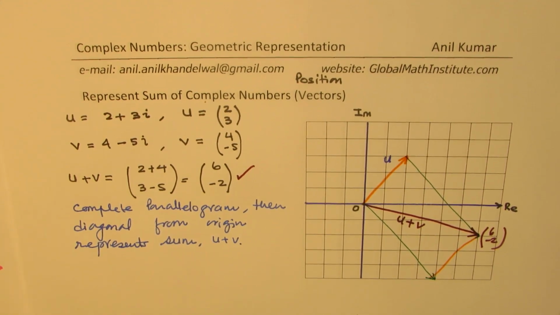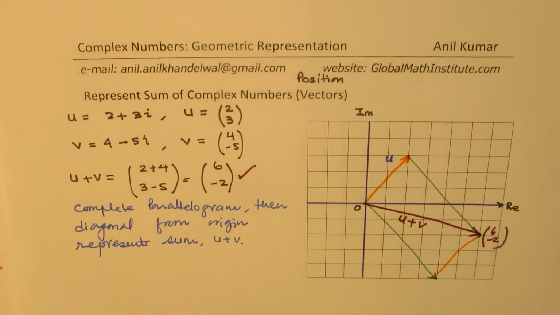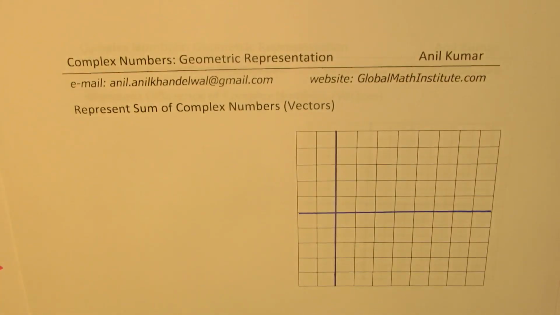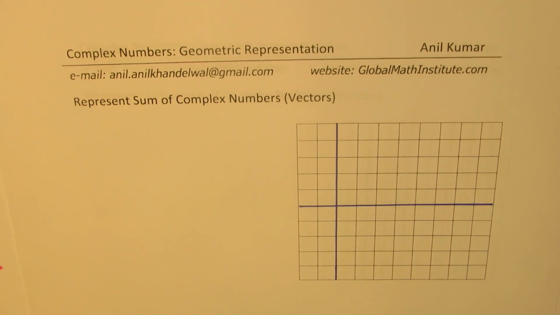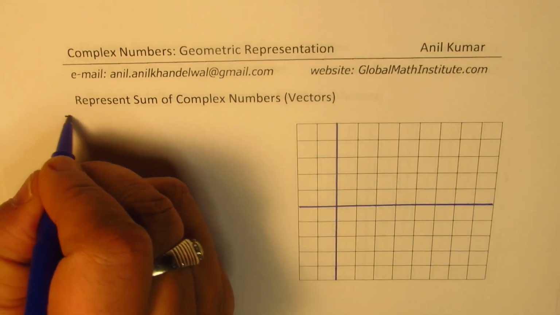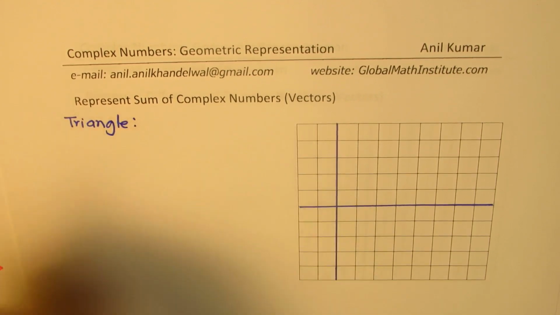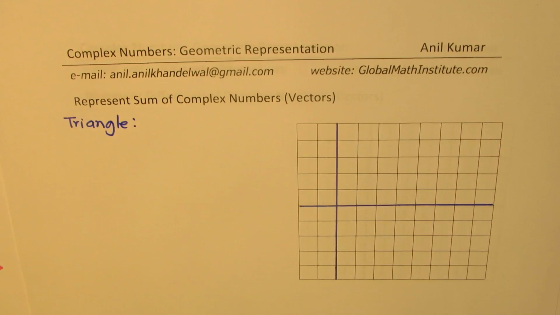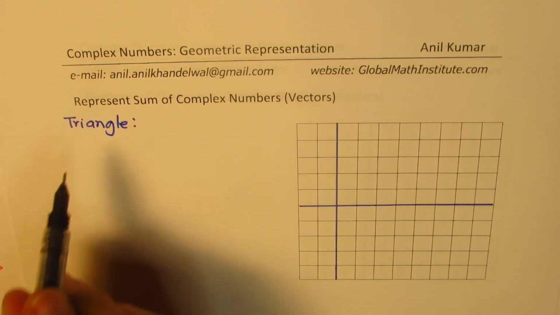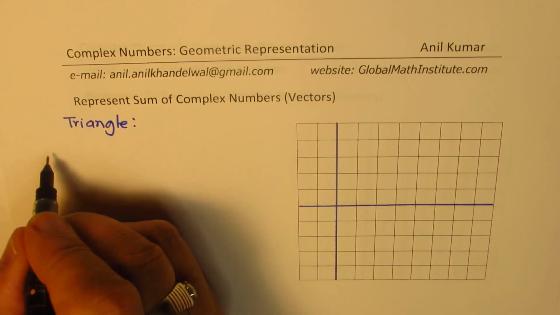We'll again do the same thing, but this time we'll use a triangle to perform the addition. So now let us see how to add vectors using a triangle. Both methods are commonly used. So the idea here is, let's take some example.